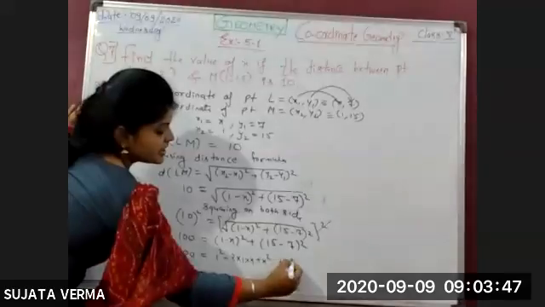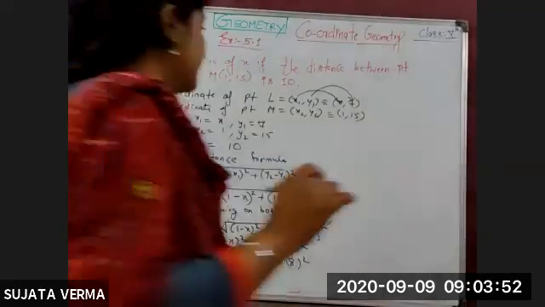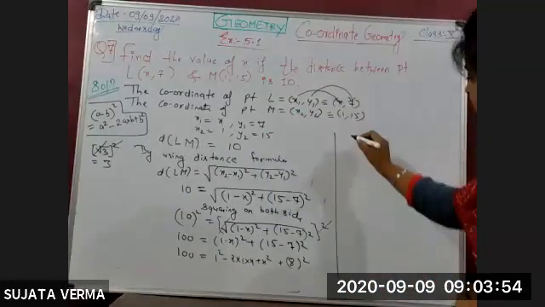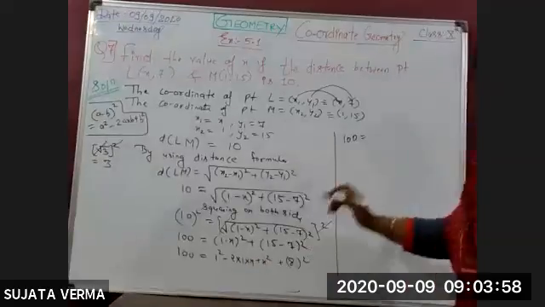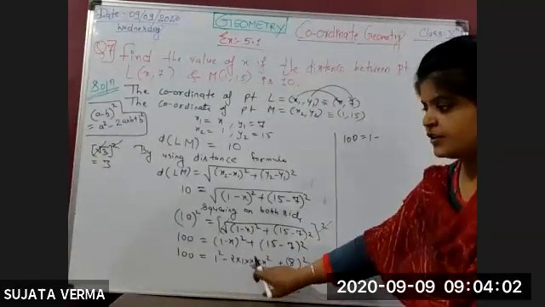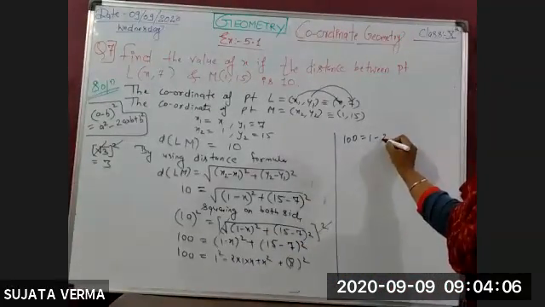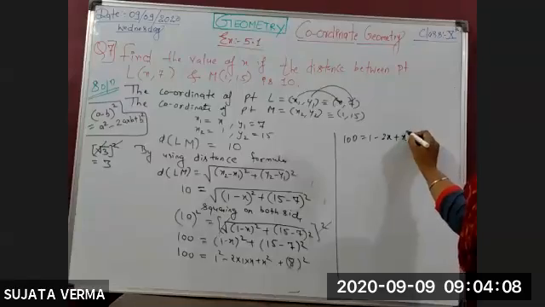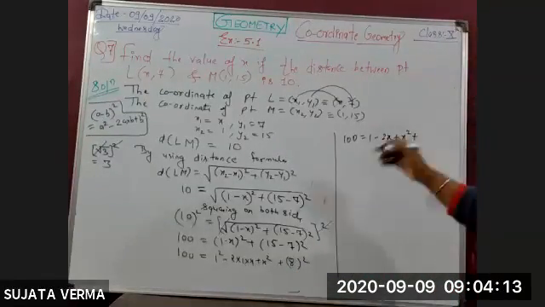We write 8 square. Now we get 100 is equal to 1 square minus 2 into 1 into x. 2 ones are 2, 2 into x, 2x, plus x square. And then the square of 8 is equal to 64.